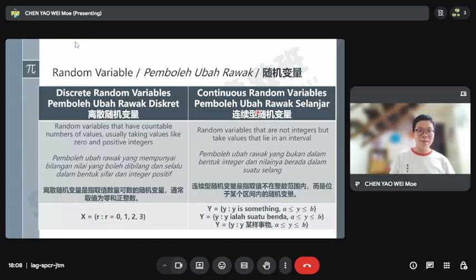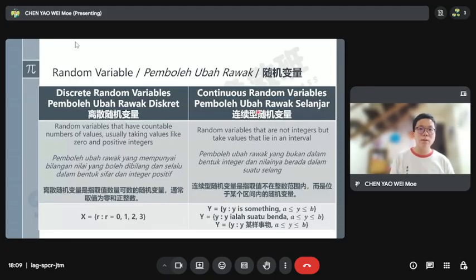I need to know, maybe 1 person, 2 people, 3, 4, 5, 6, 7, 8, 9, 10 people, or none of the people wearing glasses. Can be like that. So this is for discrete random variables.